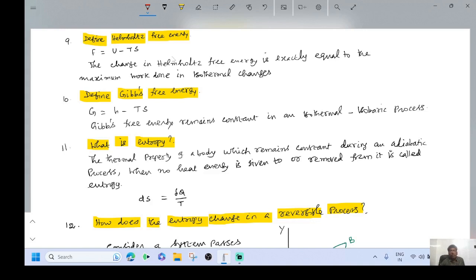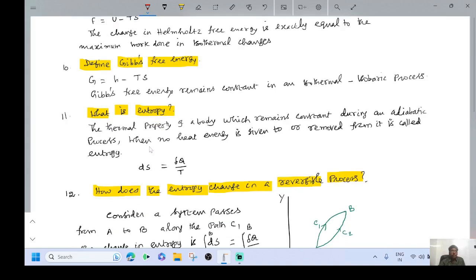The change in Helmholtz free energy is exactly equal to the maximum work done in isothermal changes. Define Gibbs free energy. G equal to H minus TS is Gibbs free energy. Gibbs free energy remains constant in an isothermal isobaric process.